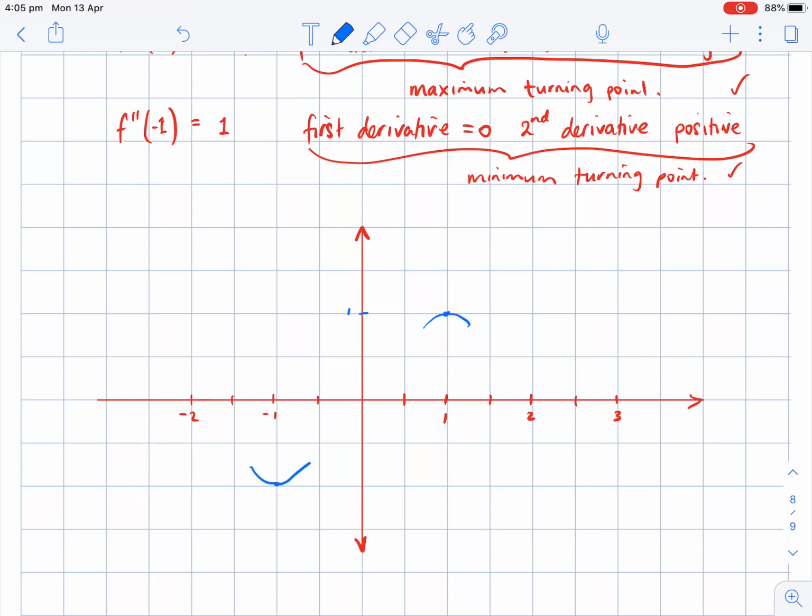And let's keep exploring. What else does the second derivative tell us? If the second derivative equals 0, we know that that is a point of inflection. The graph is changing from having a positive gradient to a negative gradient, or an increasing gradient to a decreasing gradient.